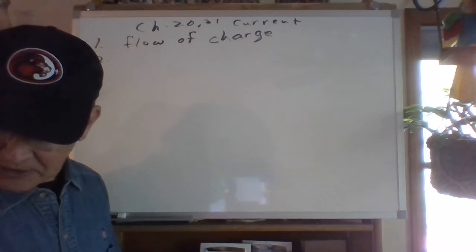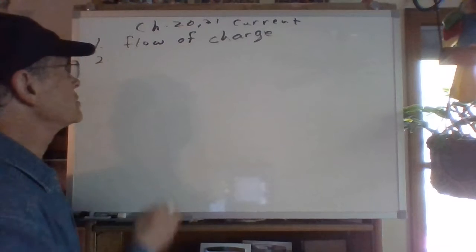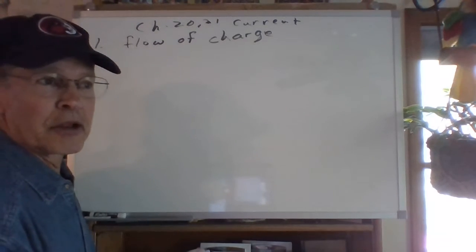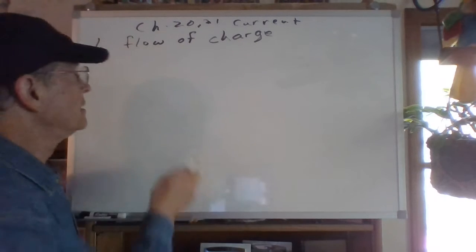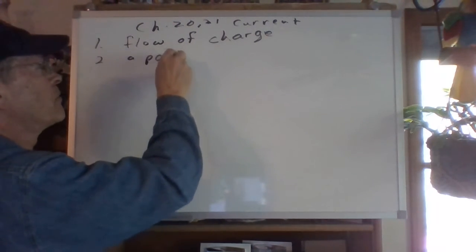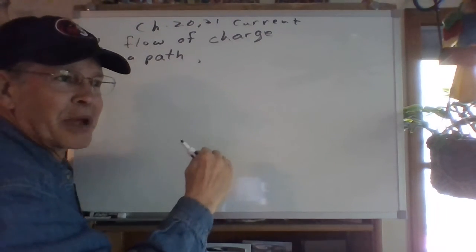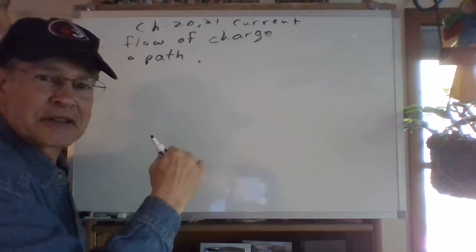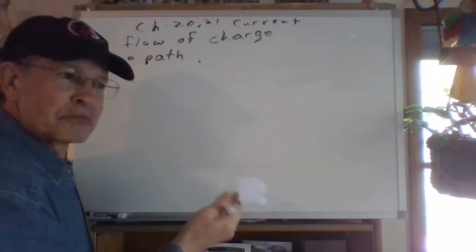Well, what two things are required for electric current to flow? Just like if water is going to flow, there has to be, of course, a path for the flow, but it won't flow just on a path unless the path is tilted. In the case of water, it's gravity, a force that's pushing it.